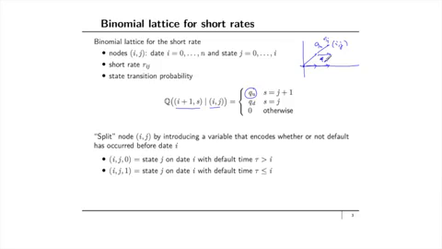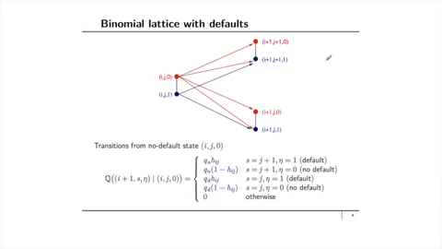Now, for the split lattice, for these split nodes, I'm going to tell you what the transition probabilities are going to be. Again, these transition probabilities are going to be risk-neutral transition probabilities. So let's work through this figure slowly. Here's my state at date i. And here are the possible states at date i plus 1.